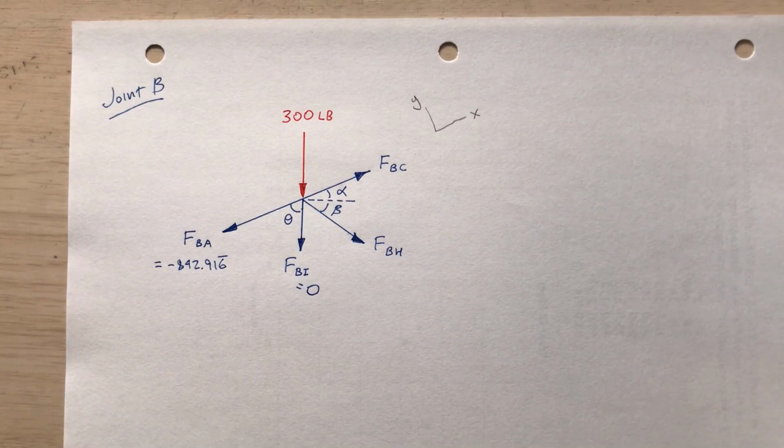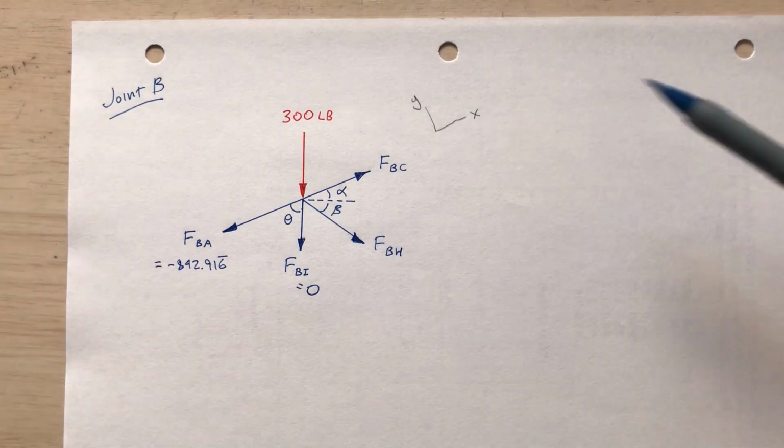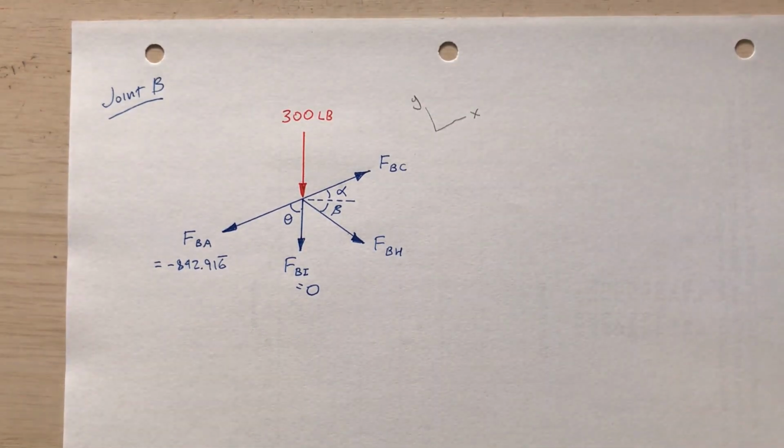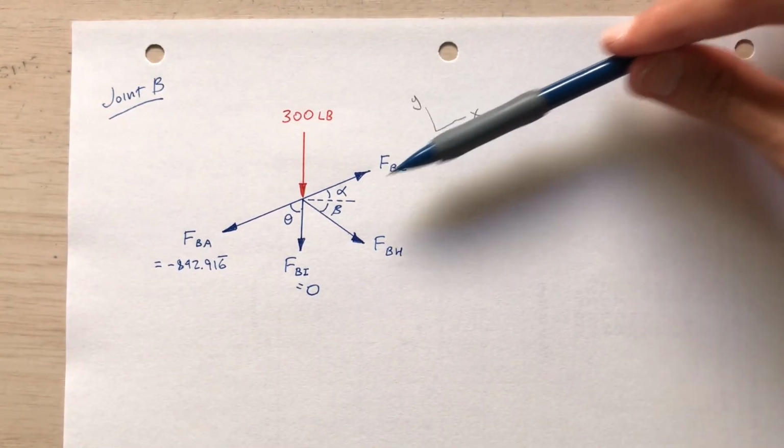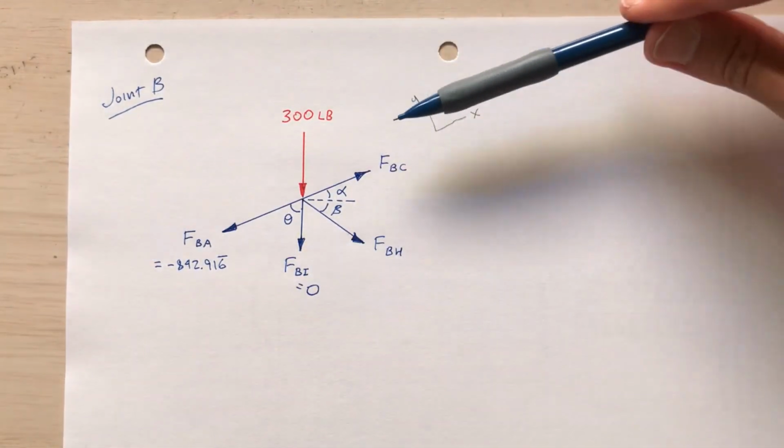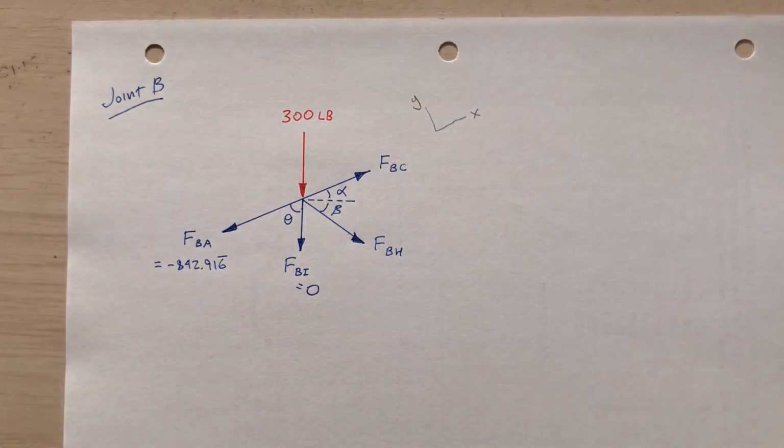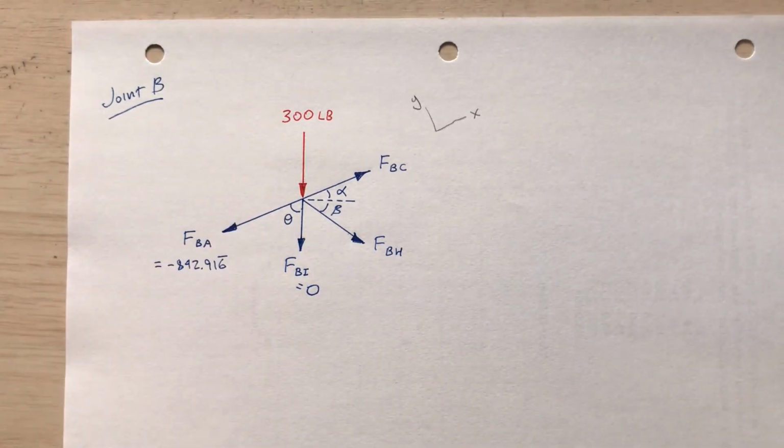But just for future reference, you do have the option of rotating the coordinate plane so that the x-axis would be parallel to the F sub BA, F sub BC vectors. But I don't think that's going to make this particular problem much easier. So for purposes of this problem, I'm going to just use x is purely horizontal and y is purely vertical.